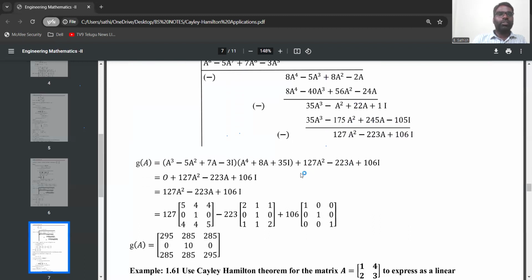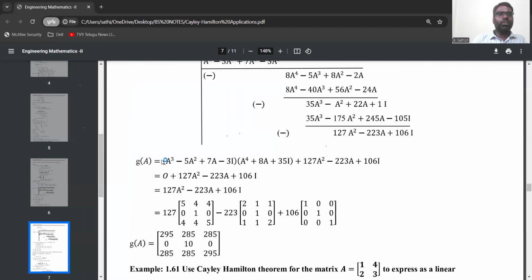Again, from the division algorithm, g of a can be represented as a cube minus 5a square plus 7a minus 3i, which is from the characteristic equation, and this is the quotient, plus this is the remainder part.